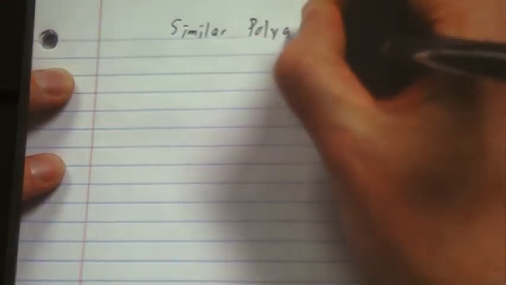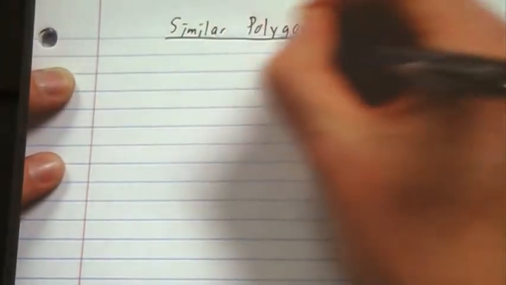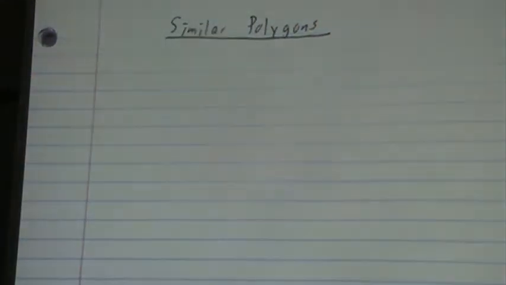So let's hop to similar polygons. Similar means same shape but different size.